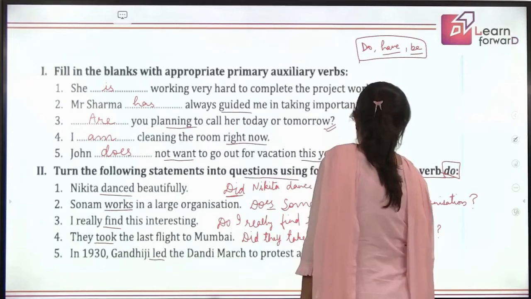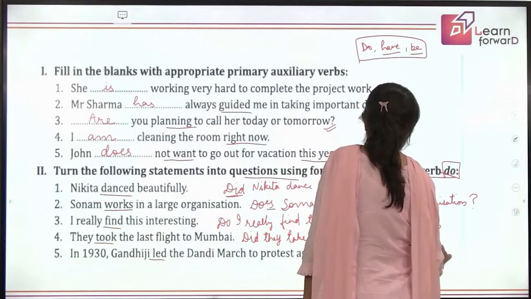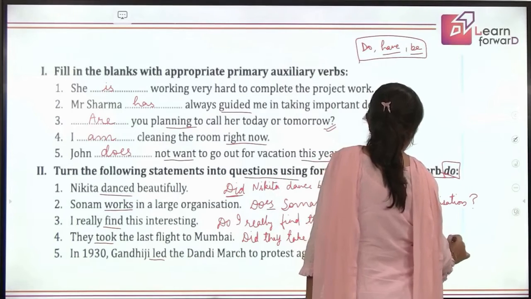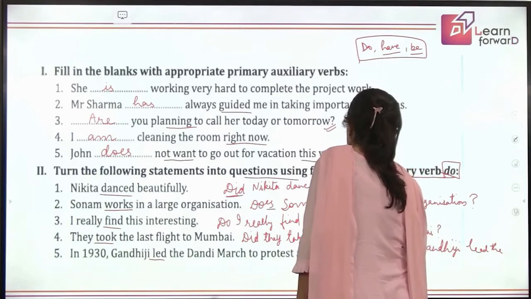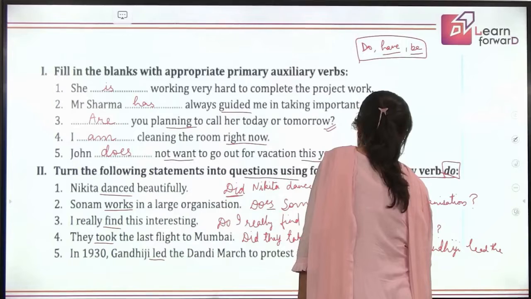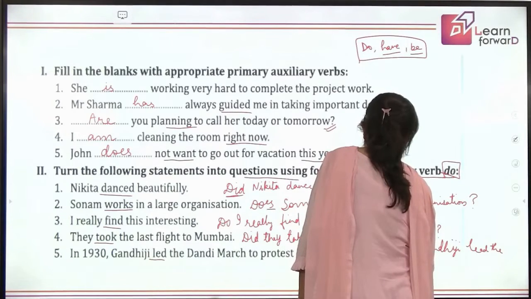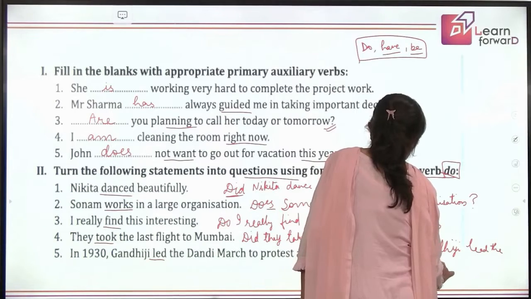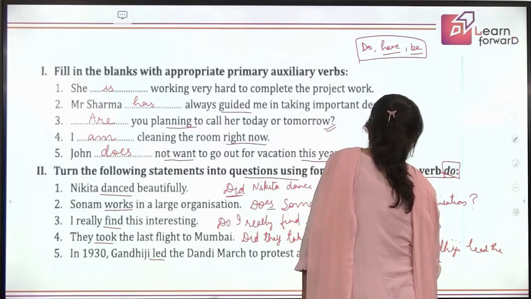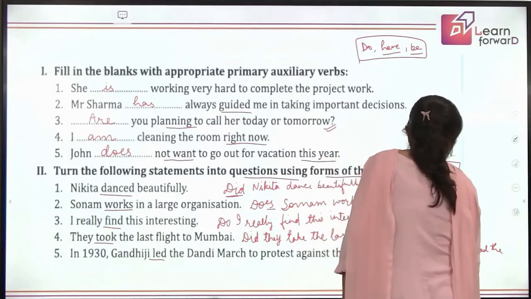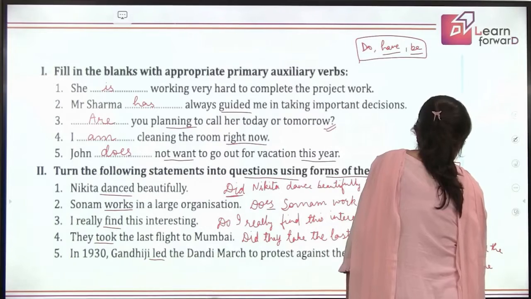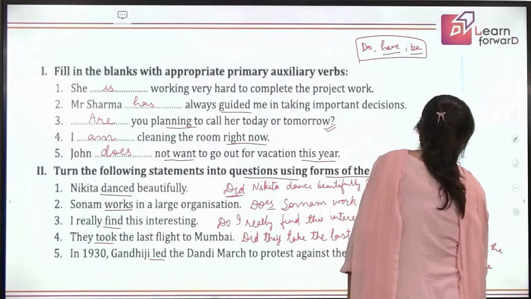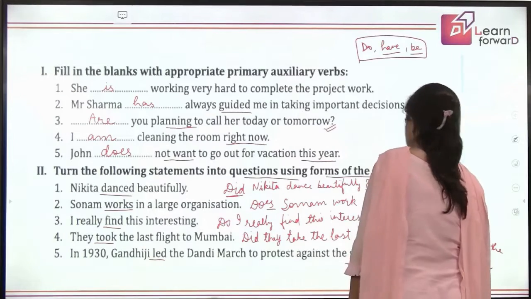So, did Gandhiji lead the Dandi March in 1930 to protest against the salt tax? Here we have made the yes-no question type, children.